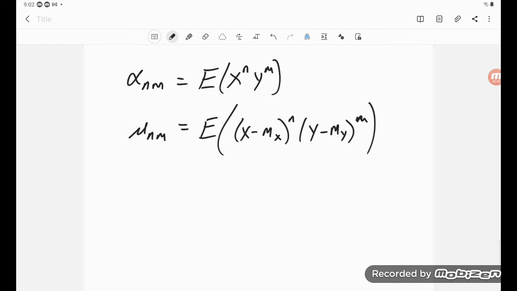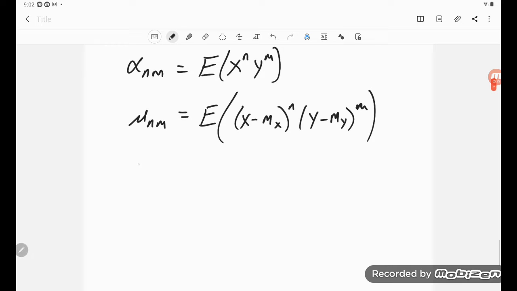So for instance, alpha 1, 0, which is E of x, the expected value of x. Because alpha 1, 0 would be, by definition, this thing with n equals 1 and m equals 0. And we can see that it really does work that way.